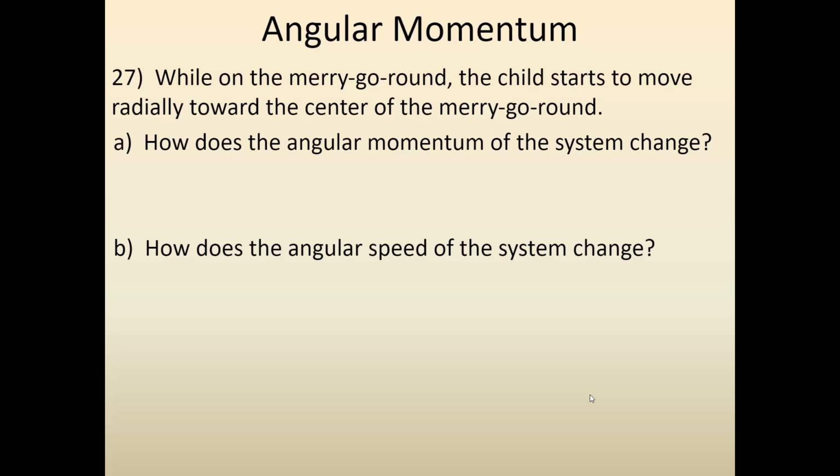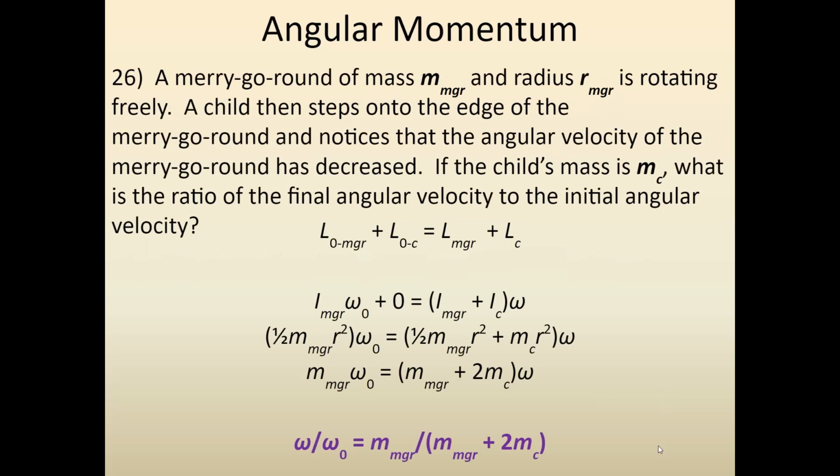Because if we think about it, in the previous problem we saw that the final angular momentum was the rotational inertia of both the merry-go-round and the child combined together. Now, the merry-go-round's radius and size don't change as the child moves inward, but the position, the r part, how far away the child is from the axis of rotation, does change.